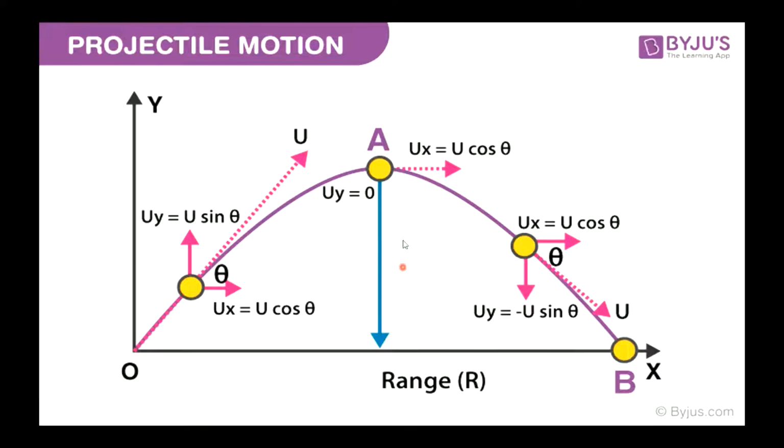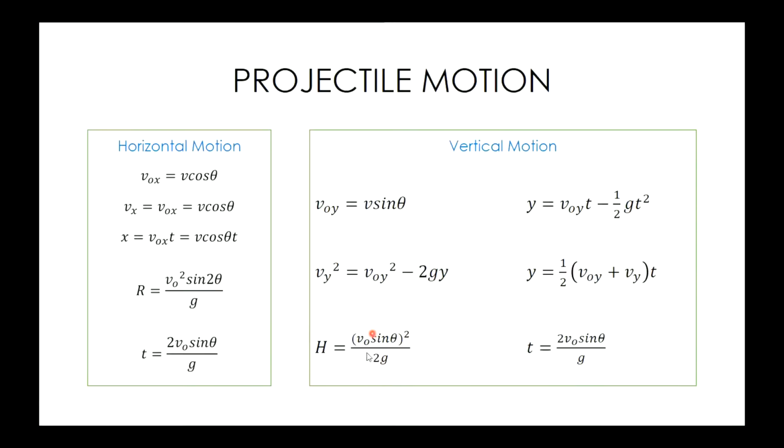Ayan yung kanyang maximum height reached. So height will be equal to the square of the product of the initial velocity times sine theta over 2g. So kapag ito ay ating inilagay sa calculator, kapag tayo ay nag-calculate na, dapat yung buong quantity yung naka-square. Then for the time, same lang tayo ng formula. 2VO sine theta over g.